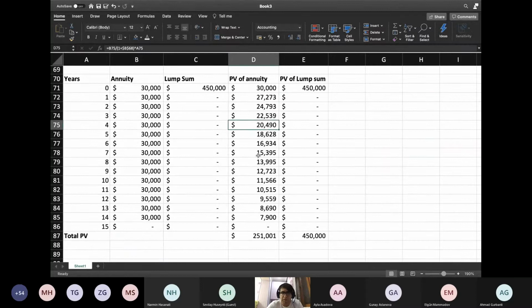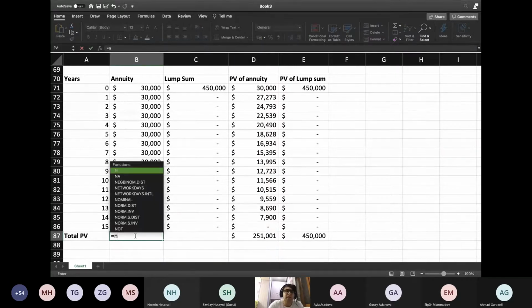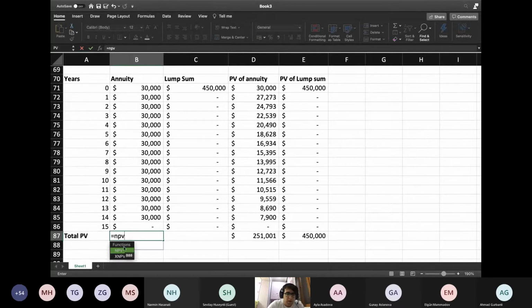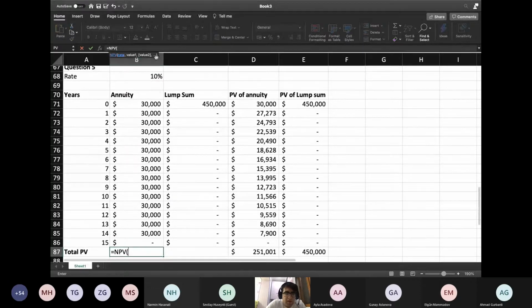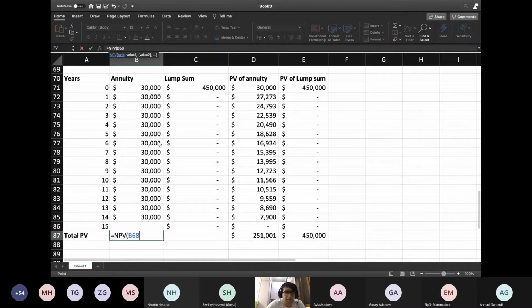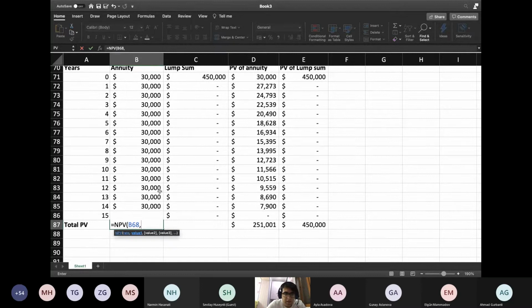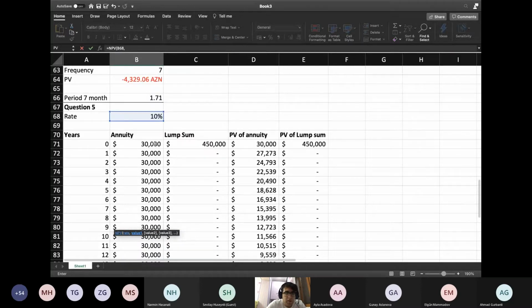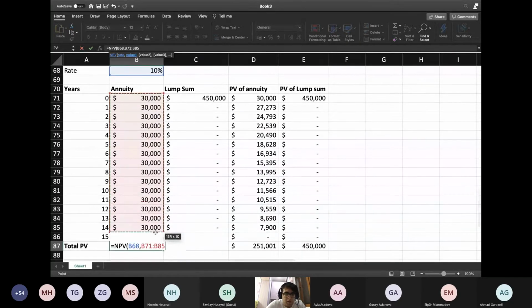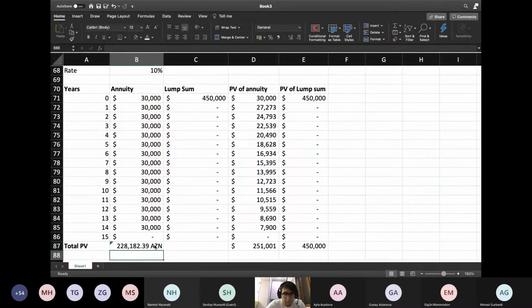In order not to calculate each one by one, we have the NPV formula, net present value. It wants firstly the rate, not rate, and values. Select all the cash flows. Why does it give the same result?